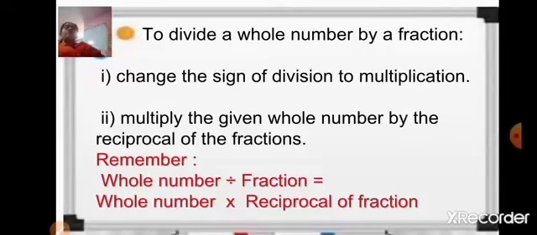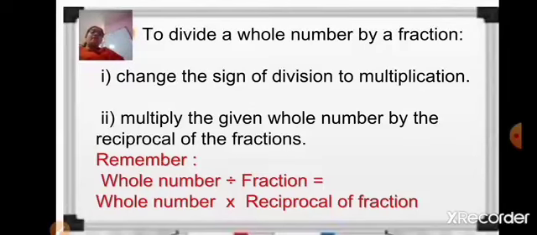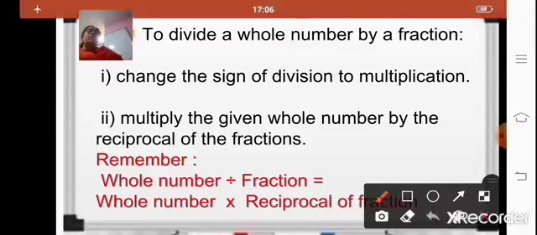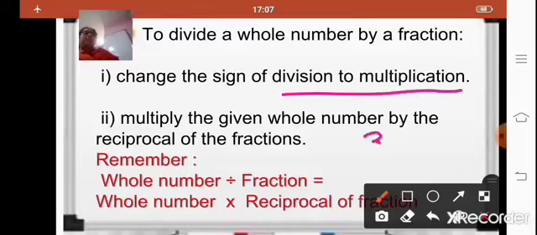To divide a whole number by a fraction, the first thing you have to do is change the sign of division to multiplication. And the second point is multiply the given whole number by the reciprocal of the fraction. Now suppose I am taking the whole number as 3 divided by half. First I'll change this sign.